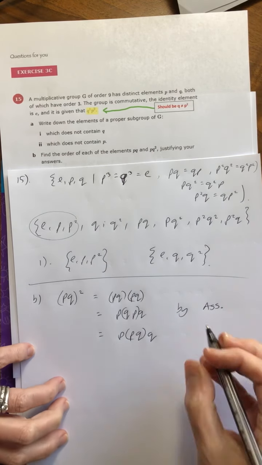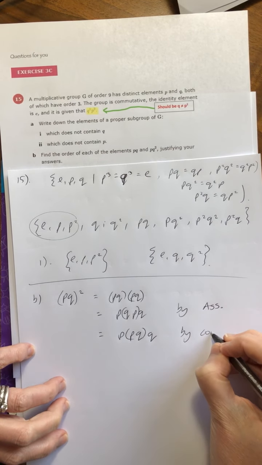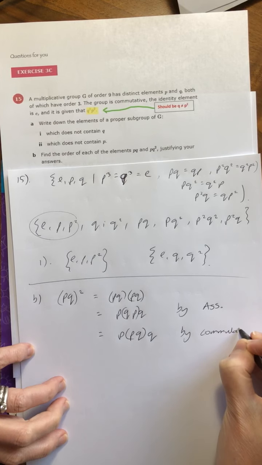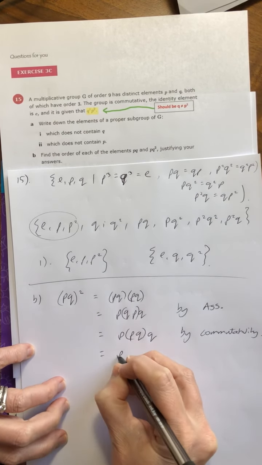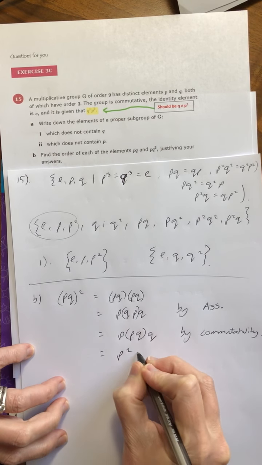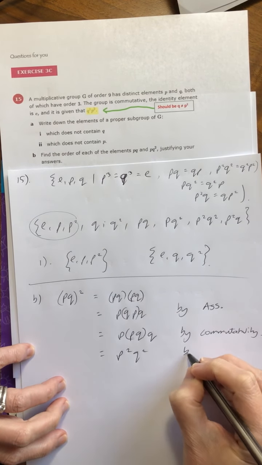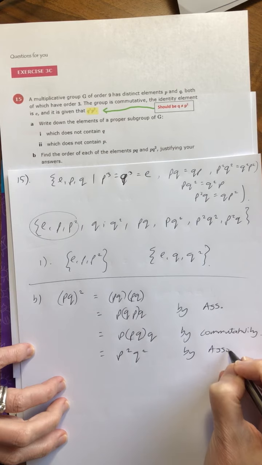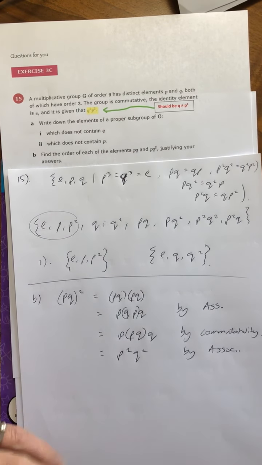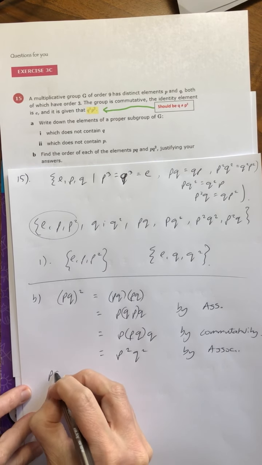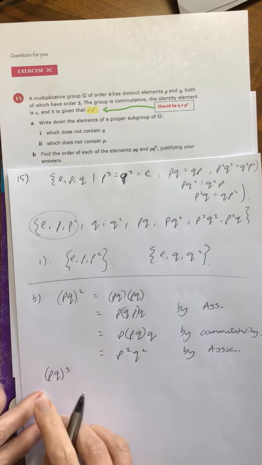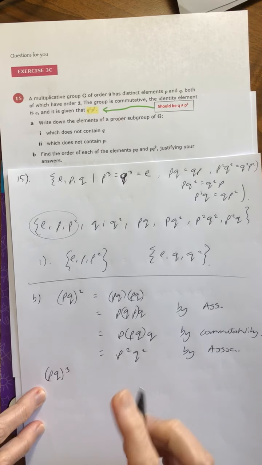I can't normally do that in groups, but I can here because it's a commutative group. So by commutativity. And then I can say P times P is P squared, Q times Q is Q squared, and again I'm using associativity there. And that's it. Kind of stuck there, so that doesn't equal anything else. But I wasn't expecting it to. I'm expecting PQ cubed to be equal to E.